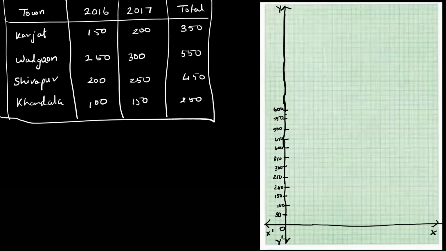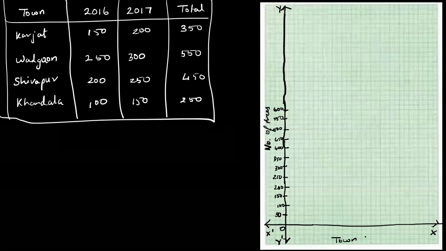And if you'll notice in the sum, it says these values are number of trees. So I'll write here number of trees. Okay. And here I'll write town.